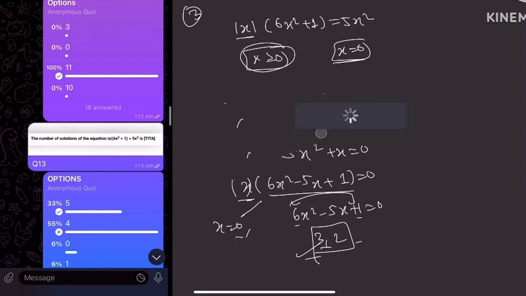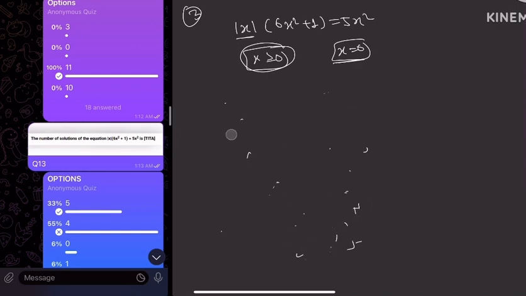Second case, x is less than 0. Since x is less than 0, mod x is minus x, so 6x cube plus x equal to 5x square. Send that side, so this can be written as 6x cube plus 5x square plus x equal to 0.